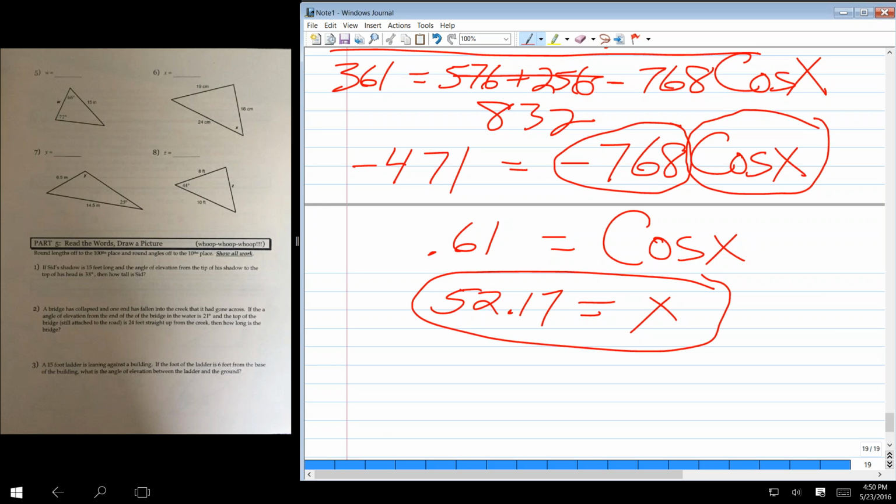Even on problems where the first step is the law of cosines, the second step is always the law of sines. Because once you've solved for one of these angles using the law of cosines, now you have an angle opposite side relationship. And the easiest way to solve the rest of this triangle is by using the law of sines. Whenever you have an angle opposite side, instantly you're ready to use the law of sines. And that will give you either angle you want, depending on which side you use.